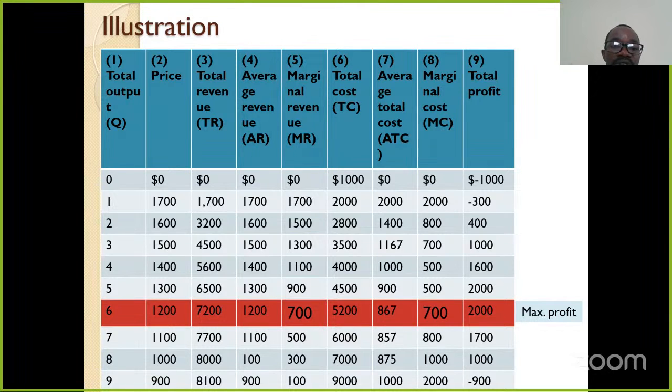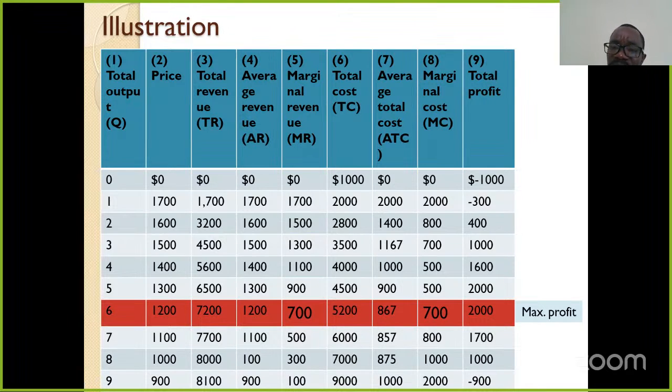Then when you start producing, the costs start to increase. We have 2,000, 2,800, 2,500, and so on and so forth. Then we have average total cost in column 7, and marginal cost in column 8, which is the change in the total cost divided by the change in the total output.